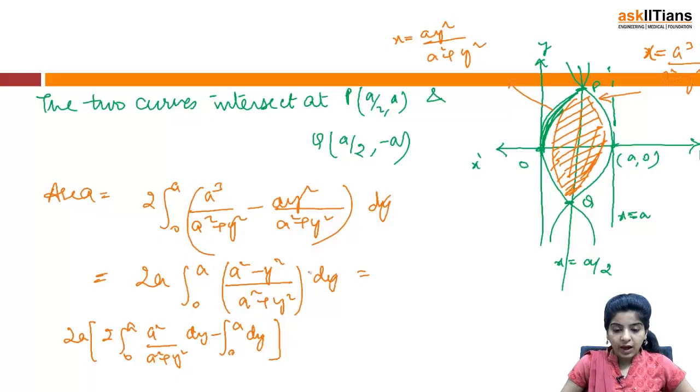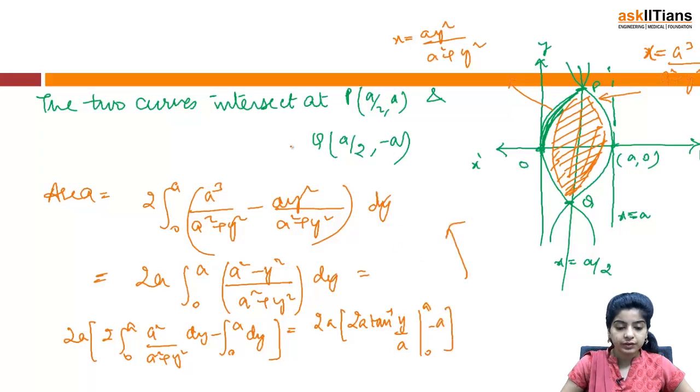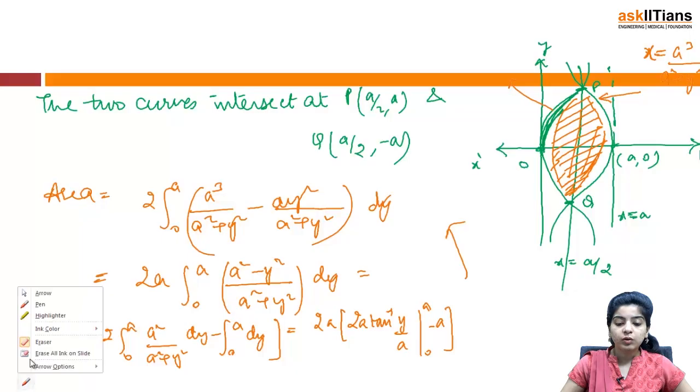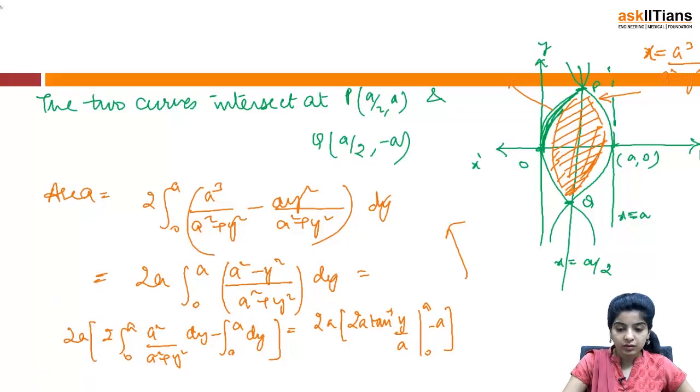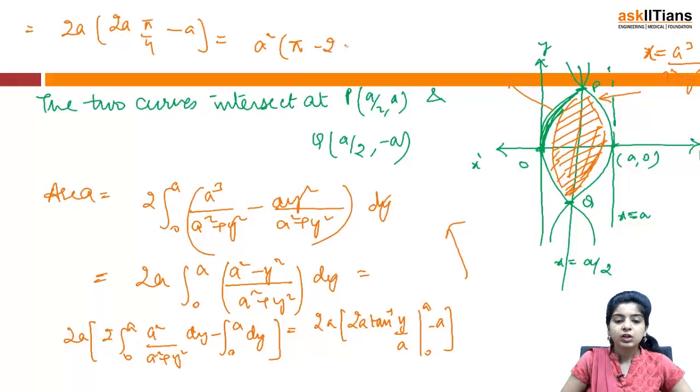So we can write it as 2a tan inverse y by a, from 0 to a, minus a. Just solve it out, it is simple integration, and therefore this gives me 2a times pi by 4 minus a, that is equal to a square times pi minus 2.